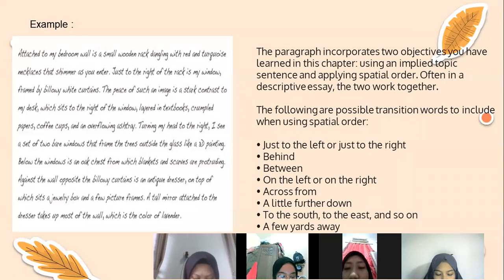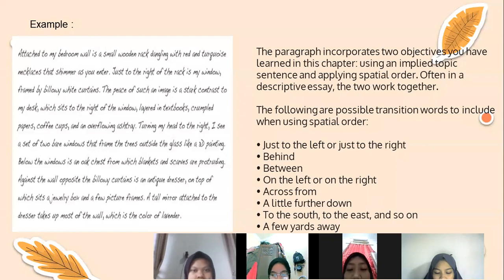The piece is in stark contrast to my desk, which sits to the right of the window, layered in textbooks, crumpled papers, coffee cups, and an overflowing ashtray. Turning my head to the right, I see a set of two bare windows that frame the trees outside, the glass like a 3D painting.